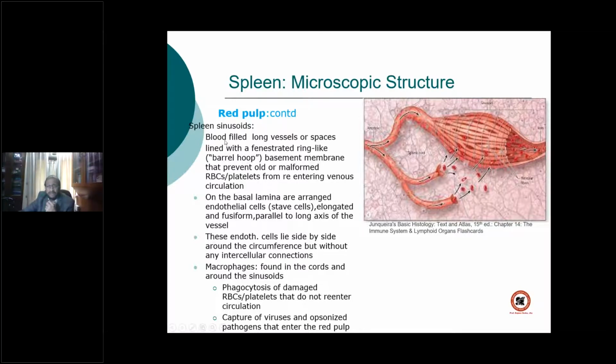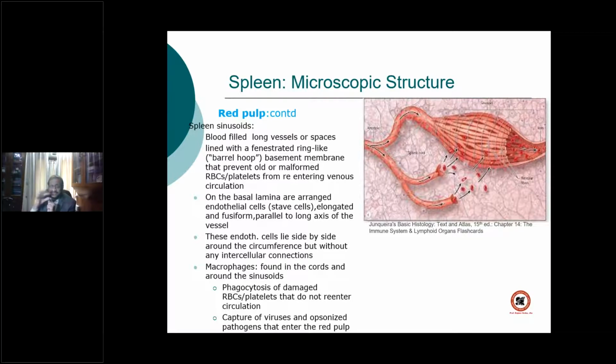These are basically blood-filled long vessels or spaces which are lined with fenestrated ring-like barrel hoops. So these are all fenestrations. Why are the fenestrations important? Because they have to allow the RBCs to come inside. And when the RBCs come inside, they have to alter their shape to pass through the fenestration. And which RBC cannot alter its shape?